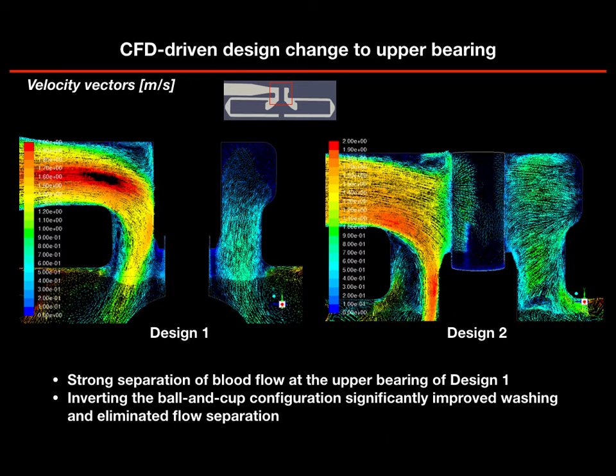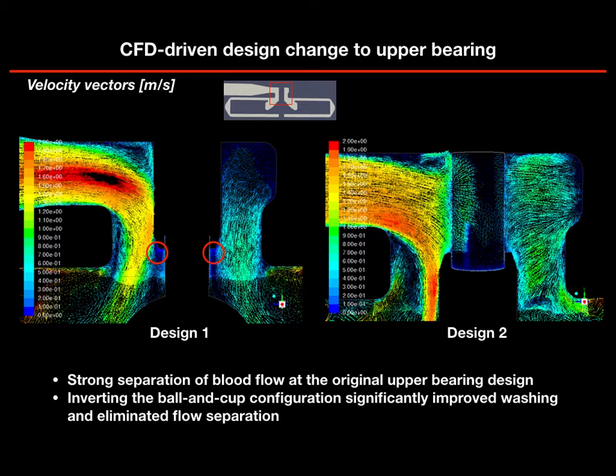Design 1 had large flow separation downstream of the bearing holder, which are indicated by the blue colored vectors. These separation zones in Design 1 were associated with the formation of ring thrombus, given by the location of the red circles. We believe this thrombus embolized and caused problems later downstream in the pump.